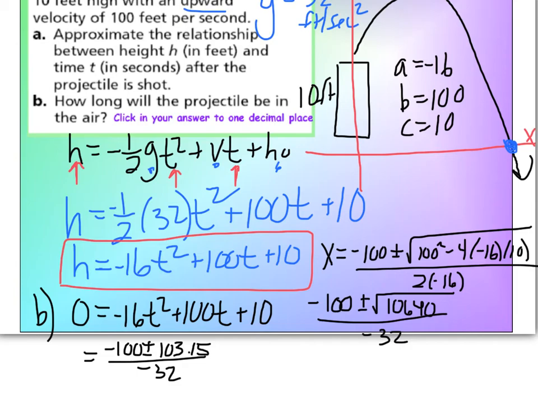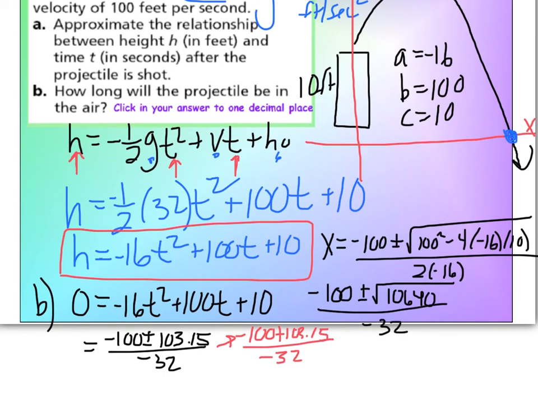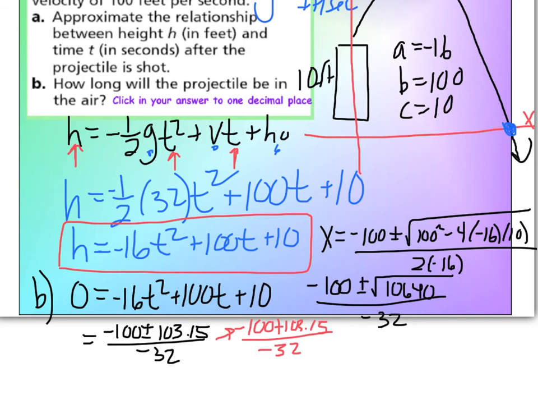Now, if we split this one off into the plus side, if we do negative 100 plus 103.15, it'll be a positive value on top, but then divide by a negative 32, we will get a negative answer. So this one will give us a negative answer, so I'm just going to not continue.